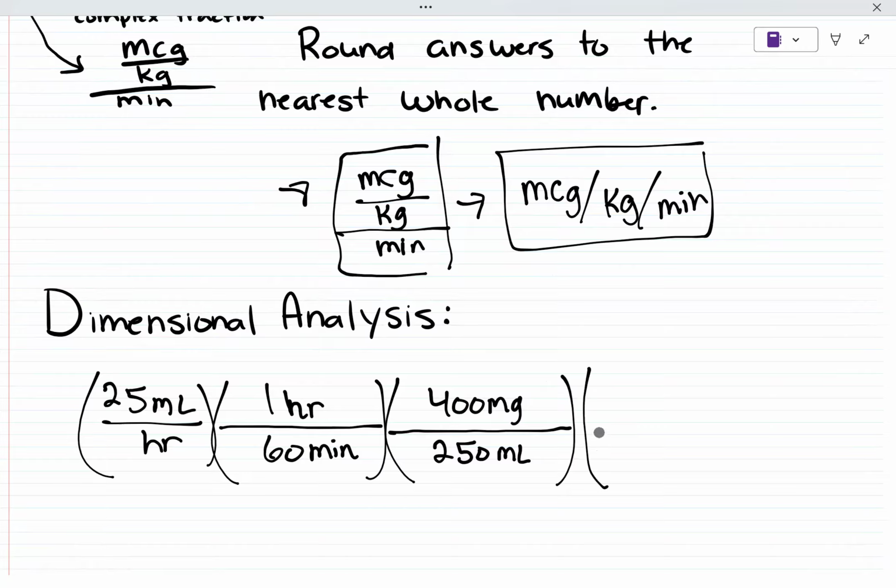How do we do that? You're going to use your conversion. This wasn't given, but it's something you should know. If we want mcg on the top, we have to get rid of the mg, so you put mg on the bottom and mcg on the top. What is the relationship between mg and mcg? For 1 mg, there is exactly 1000 mcg. That's something you have to know.